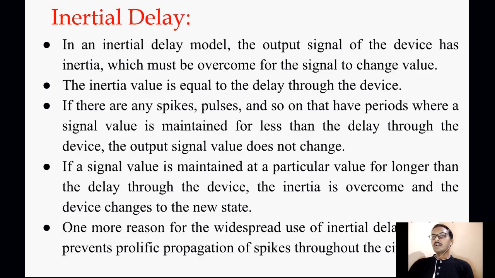If the spikes or pulses are shorter than the delay of the device, the output will not change, and if the signal values are maintained for longer than the delay, the output will change. One more reason for the widespread use of inertial delay is that it prevents the prolific propagation of spikes through the circuits.